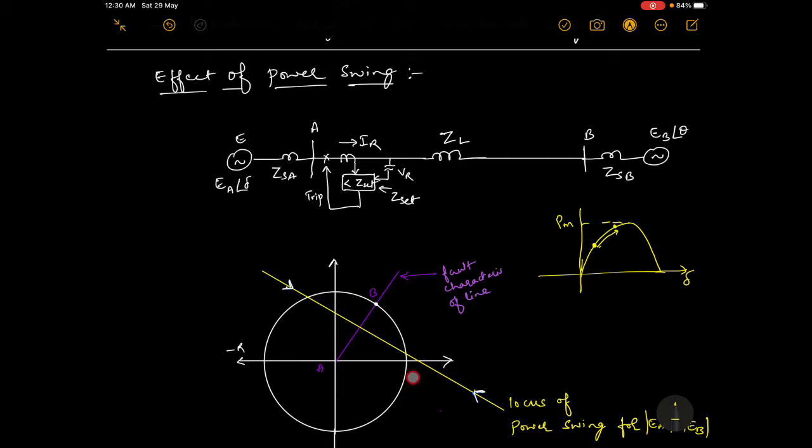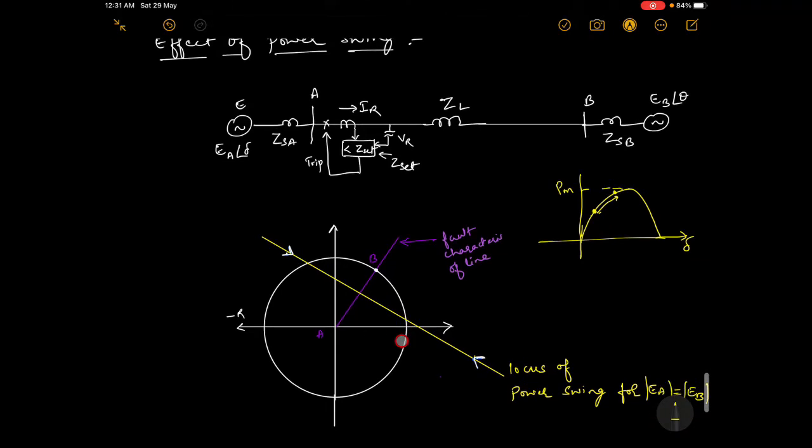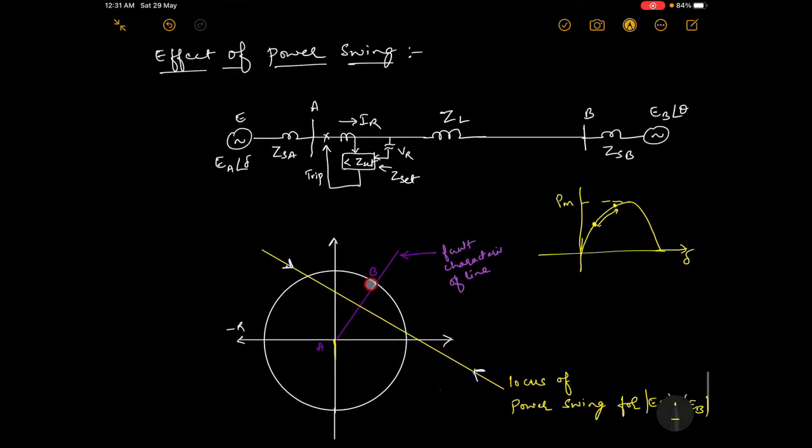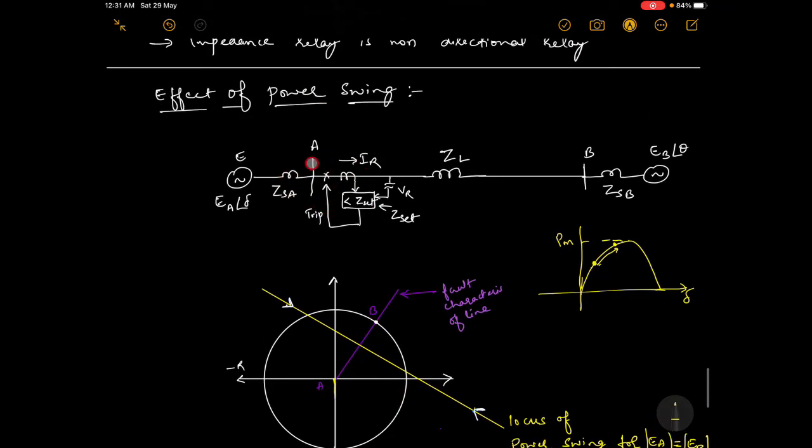There is something called the center of electrical point, the electrical center, as we call it, and that is calculated or decided by something like this. Let me draw here. See, before this relay there is a ZSA.